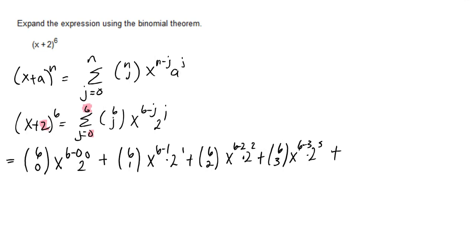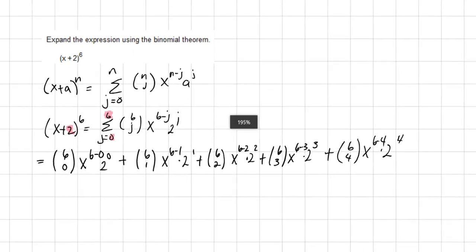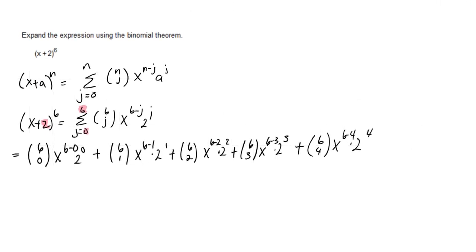Then we'll do j equals 4: 6 choose 4, x to the 6 minus 4 times 2 to the 4. Then we'll let j equal 5: 6 choose 5, x to the 6 minus 5 times 2 to the 5th.